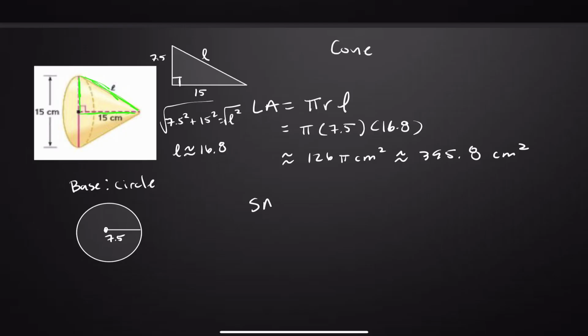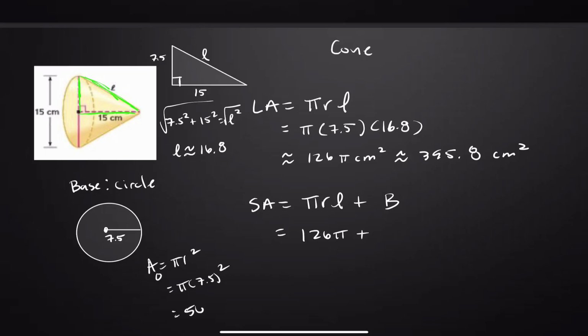Okay, now the surface area is equal to, well, we have the lateral area, it's pi r L. So if we're including the base, the surface area is equal to pi r L plus the area of the base. So it's going to be 126 pi plus the area of the base. The area of the circle is equal to pi r squared. So pi times 7.5 squared right there.